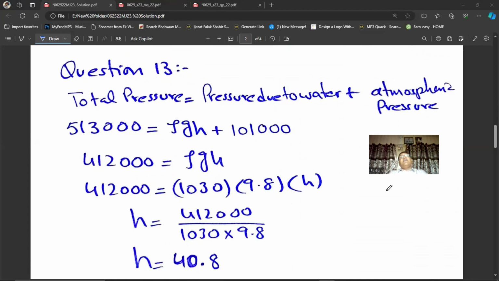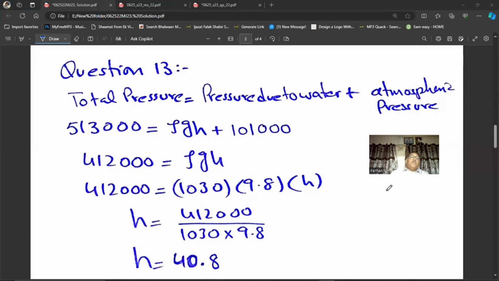The total pressure is 513,000 Pascal, and that is equal to rho GH plus the atmospheric pressure, 101,000 Pascal. So take this 101,000 Pascal to the other side, it will subtract from 513,000 and you will be left with 412,000 Pascal. So 412,000 is equal to rho GH.